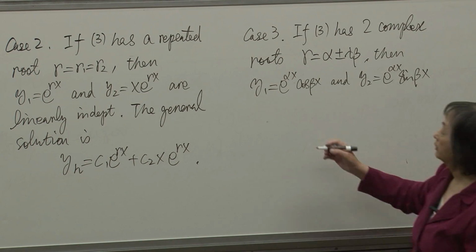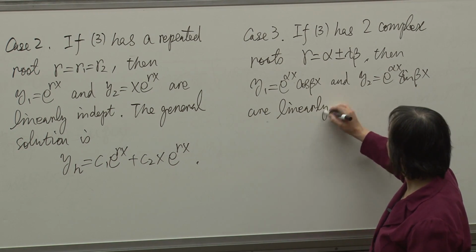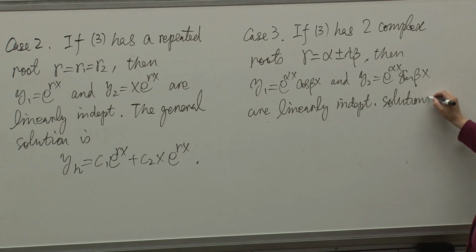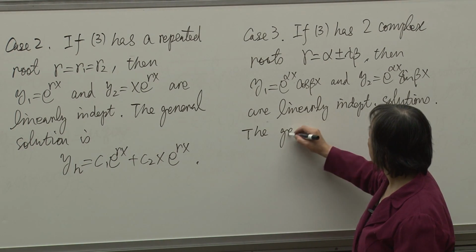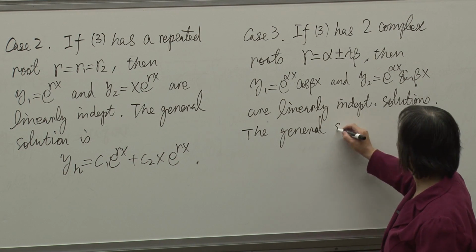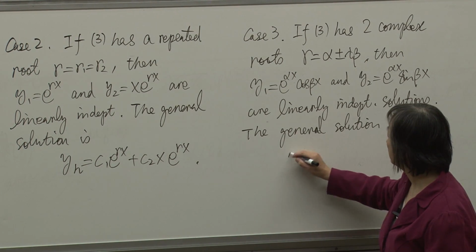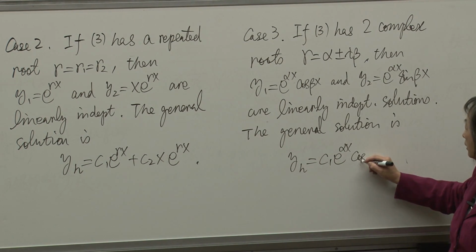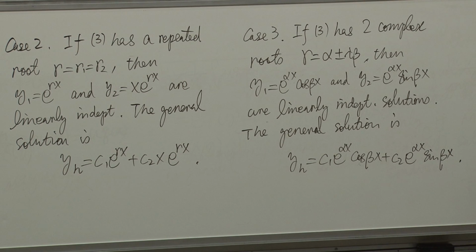These two are linearly independent solutions. Because of this reason, the general solution is the linear combination y_h is c1 e^(alpha x) cosine beta x plus c2 e^(alpha x) times sine of beta x.